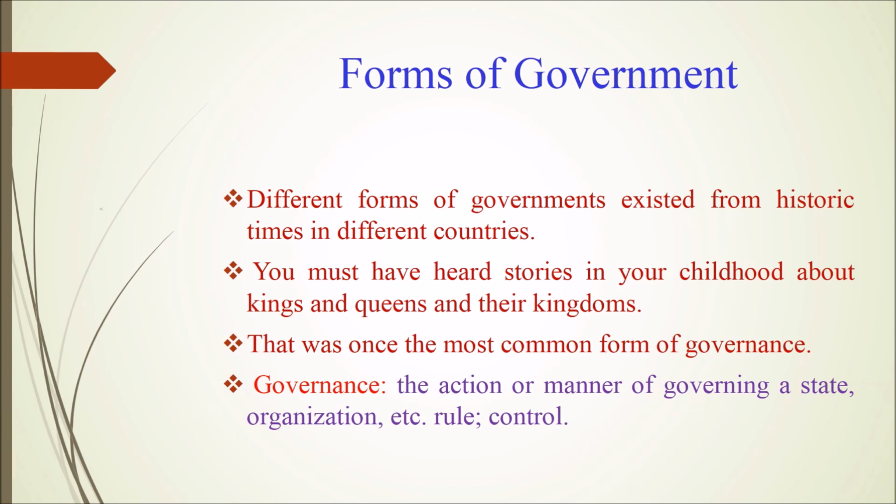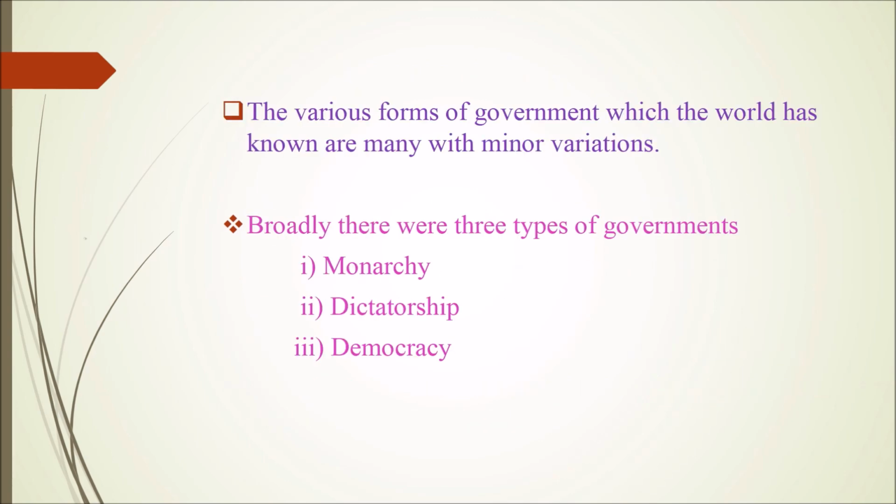Governance means the action or manner of governing a state, organization, etc. In other words, rule or control. The various forms of government which the world has known are many with minor variations. Broadly, there were three types of governments: monarchy, dictatorship, and democracy.